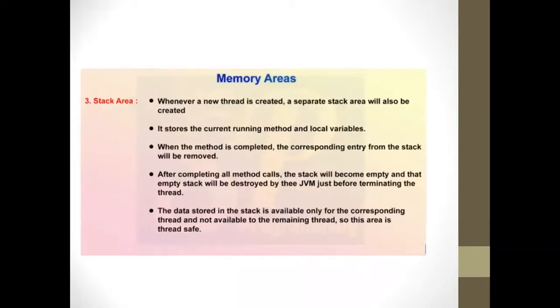The third type of area is the stack area. When we create a new thread, a separate stack area is created. When we discuss multi-threading, this will be clearer: for every thread, a separate stack area is created. For now, just understand that it stores the current running method and the local variables.